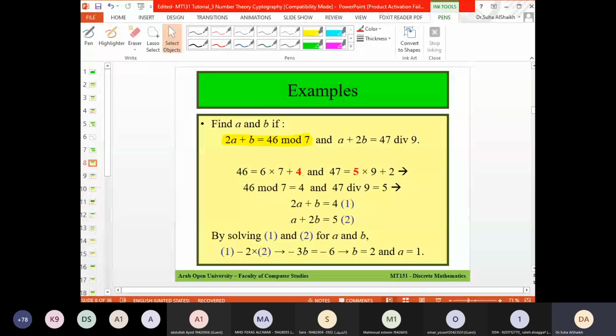So هنا في example they want you to find A and B such that 2A plus B is equal to 46 mod 7 and A plus 2B is equal to 47 div 9. So طبعا لازم أجيب ال 46 mod 7 ولازم أجيب ال 47 div 9 so that I have two equations.